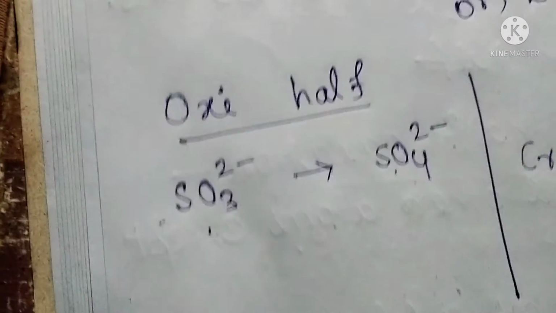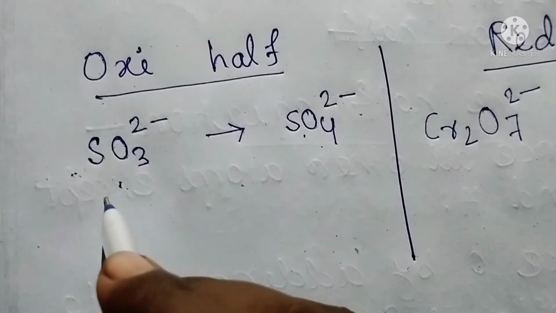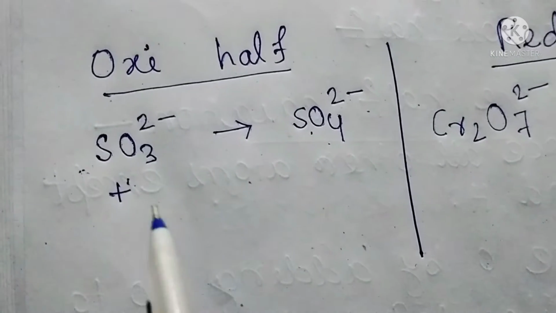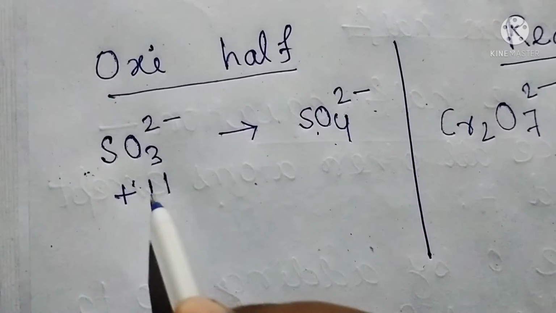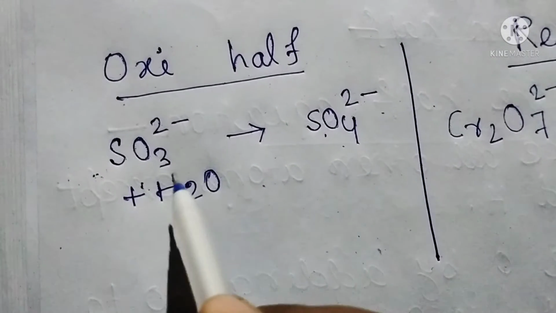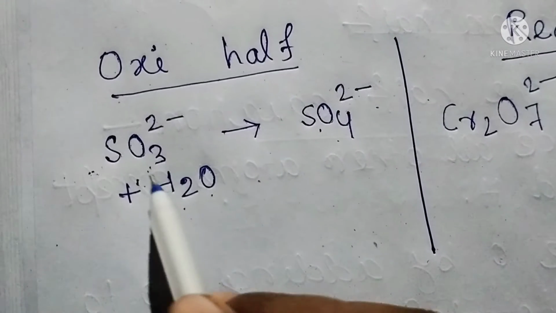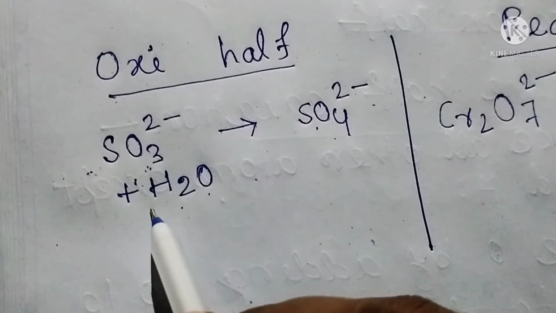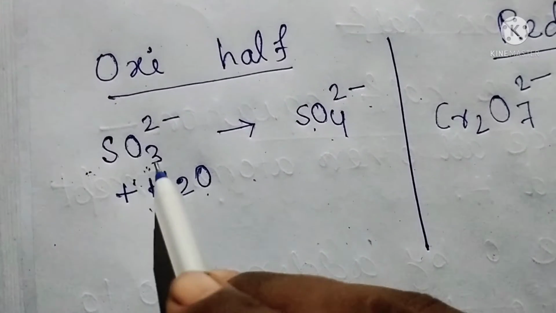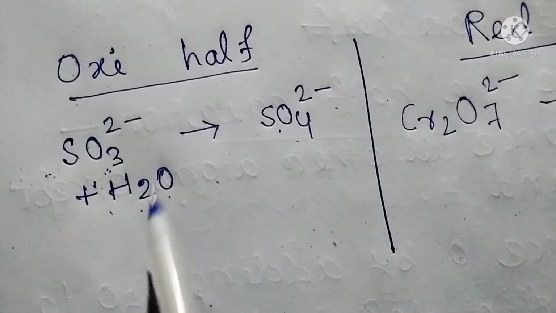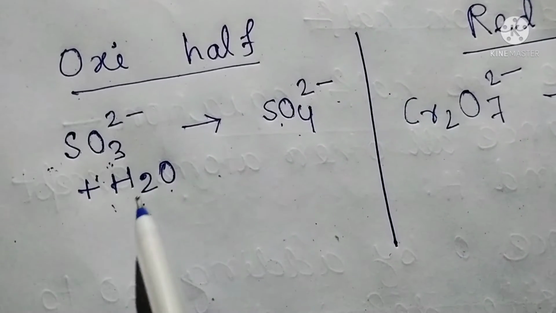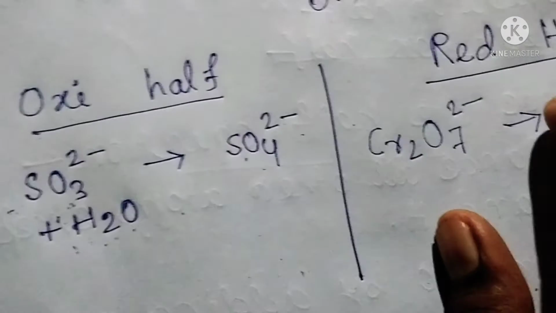So the rule is to add water to the oxygen-deficient side. Here 1 oxygen is deficient, so 1 H2O is added. If 2 oxygens are deficient, then 2 H2O are added. Now here we have H2, so add hydrogen.